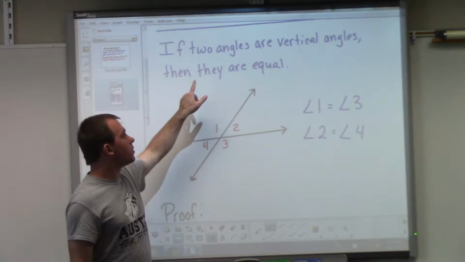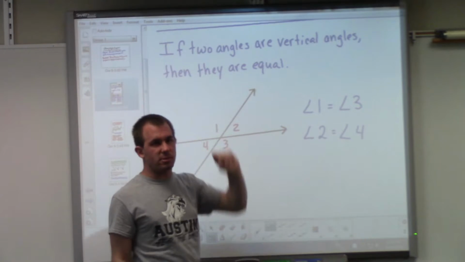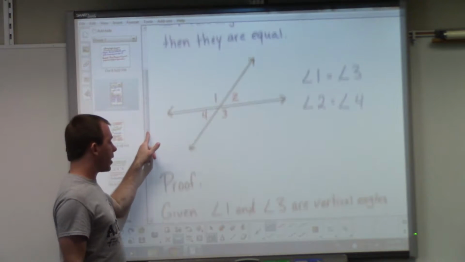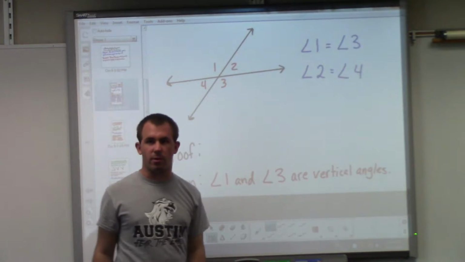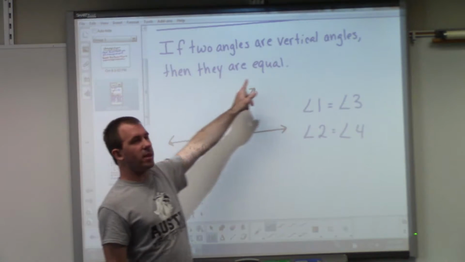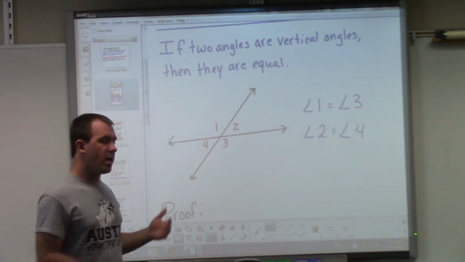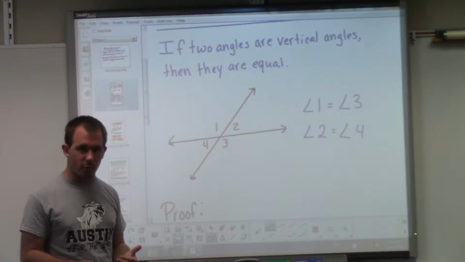Therefore, we need to be given 2 angles are vertical angles. We are given angle 1 and angle 3 are vertical angles. We prove our conclusion. They are equal. We are going to prove that angle 1 and angle 3 are equal. This is how we work through every proof.